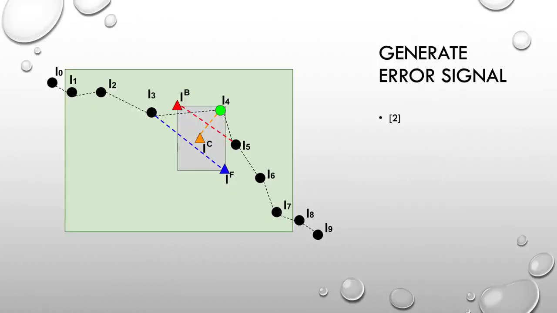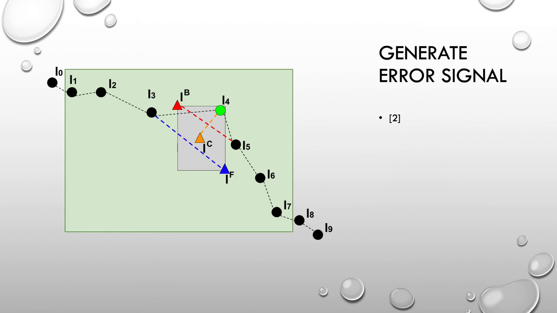As explained in detail in reference 2, as a core part of the OWS, an error signal is generated using the distance deviation of the interpolated midpoint from the actual midpoint in a sliding window over a trajectory. Here we can see a sample to produce an error signal for the green sliding window.